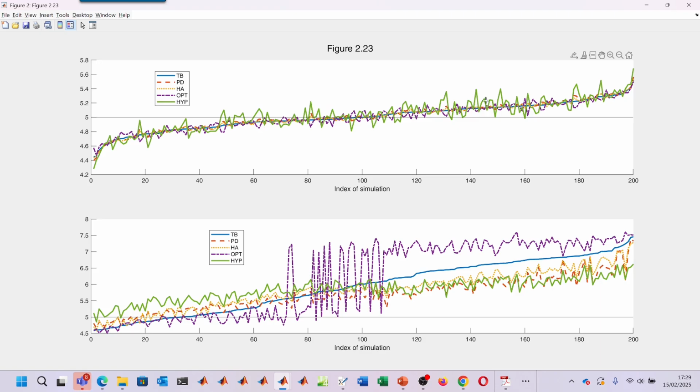You see that there is a higher variability here with respect to the other estimators. In the bottom panel, the blue line is the trace of the ordered Tukey values, so they increase monotonically in a nice, smooth way.